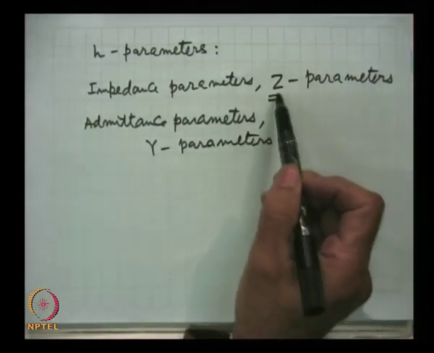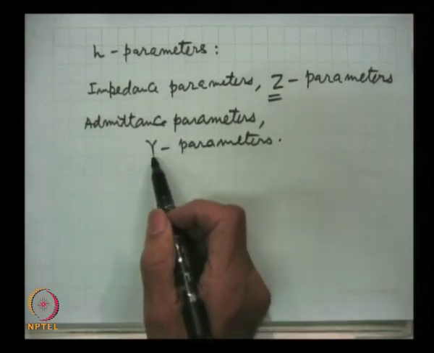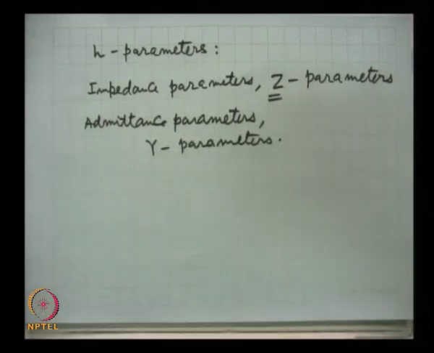So, there were 4 Z parameters, there were 4 Y parameters, and they were able to give the estimation of all the 4 quantities of interest: the 2 impedances, input and output, and 2 gains, the voltage gain and current gain.